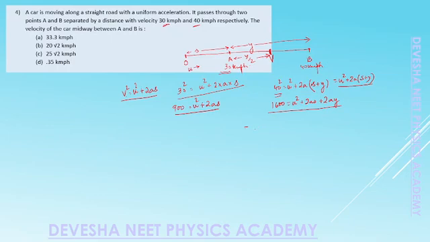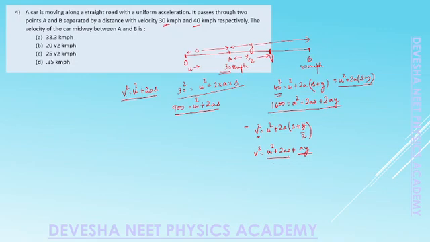It means v square is equal to U square plus 2A into S plus y by 2. We need to find the velocity v. So v square is equal to U square plus 2AS plus 2A into y by 2, which is Ay.